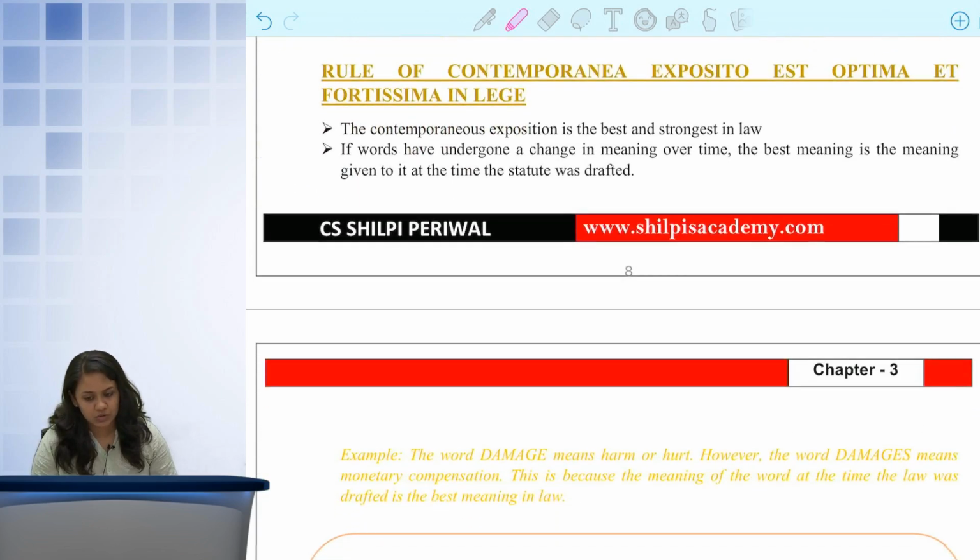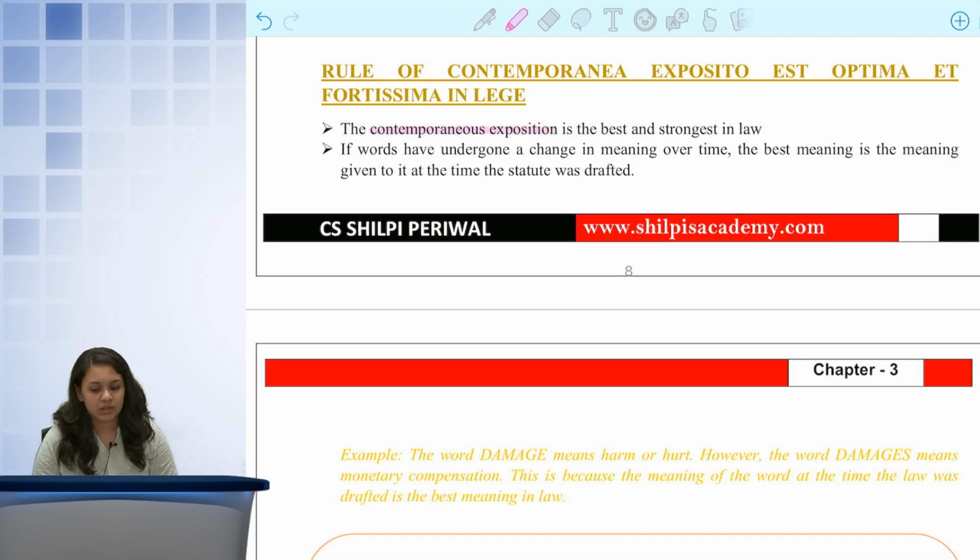We now come to the concept of the rule of contemporanea expositio. The maxim is to be read in the following manner: contemporanea expositio est optima et fortissima in lege. So, what does this say? The contemporaneous exposition is the best and strongest in law.